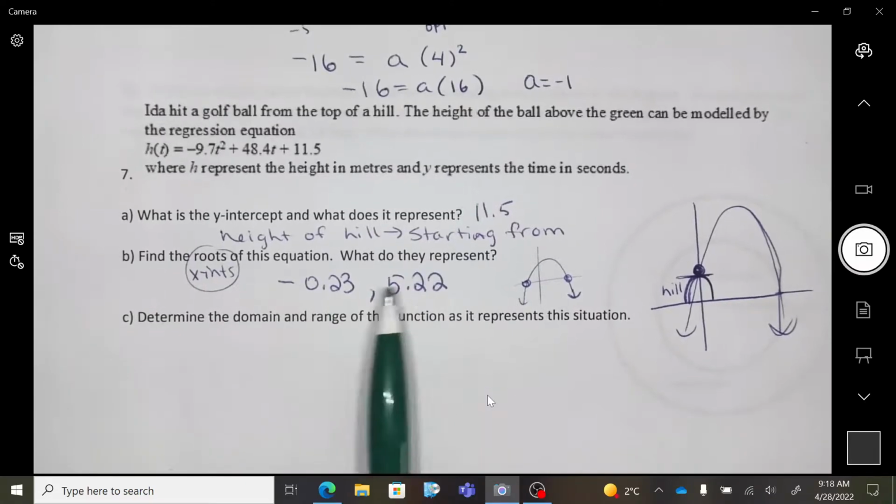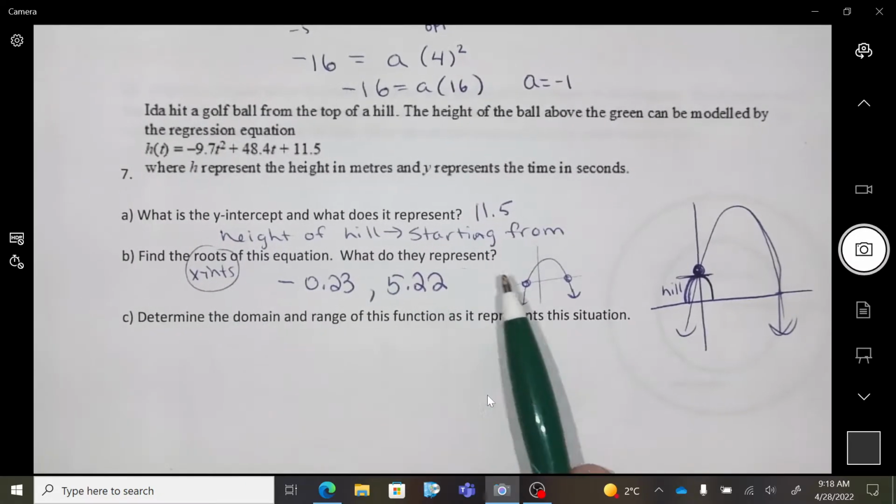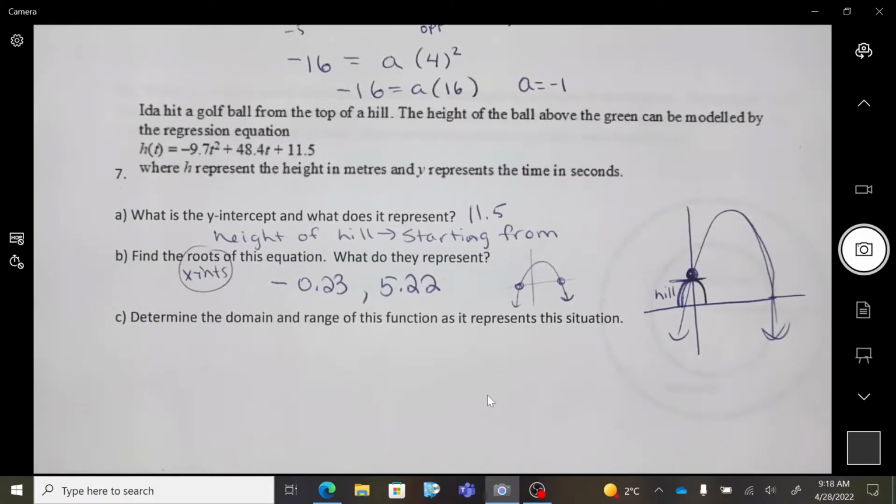Okay, were you good with that? Left, right bound? Okay, so what do these X-intercepts represent in this scenario?